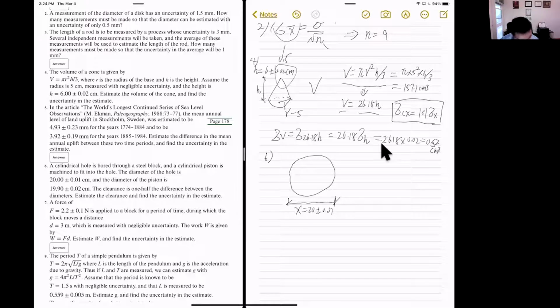Okay. And then for the piston, which is inside the hole, that's here. Okay, this is the diameter of the piston. So let's say it's y. So 19.9 plus minus 0.02.